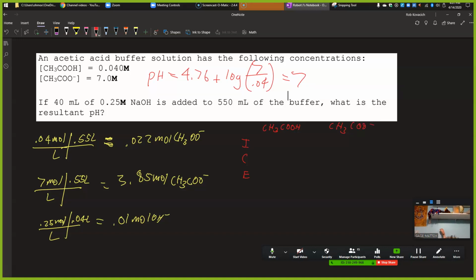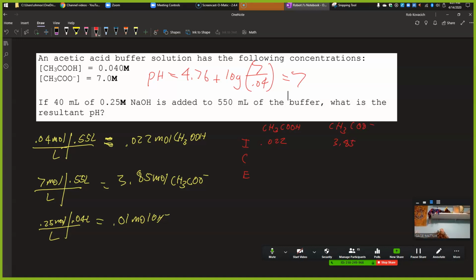Before I added the sodium hydroxide to the solution, I had 0.022 moles of acetic acid, sorry, there's a mistake there, this needs to be an H. And the acetate is 3.85.